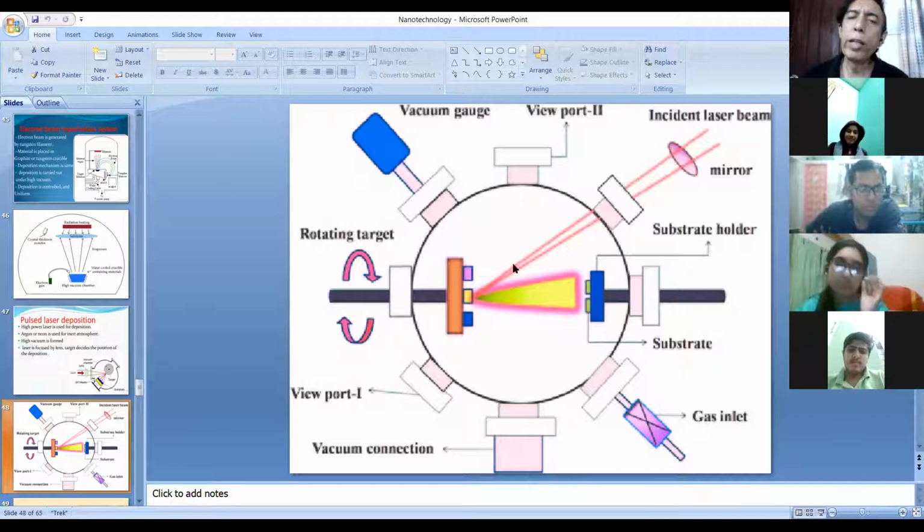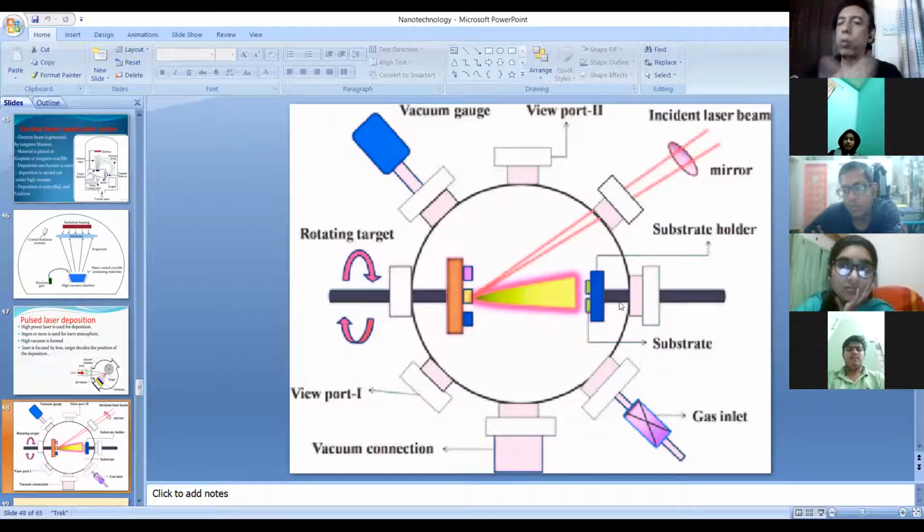It will collide with the molecules of air on its path to the substrate. So we have to increase the mean free path of the vapor molecule.